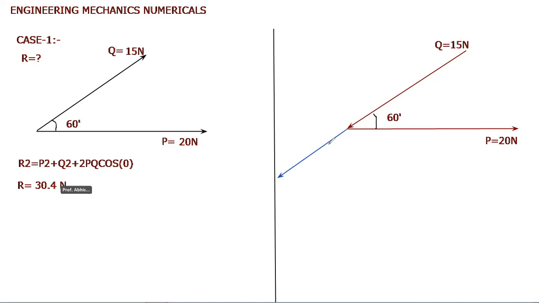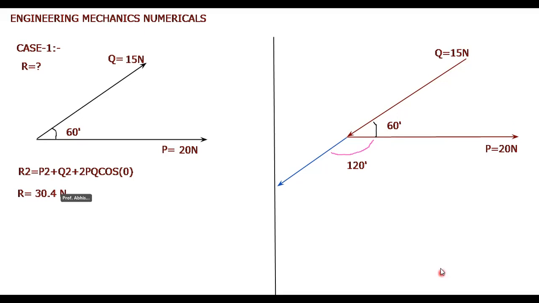Now, what happened here is that this extra angle that we got, the addition of these two angles must be 180 degree, right? Because the straight line is there. So this angle is 120 degree and this angle is 60 degree. So 120 plus 60 will be 180 degree, right?